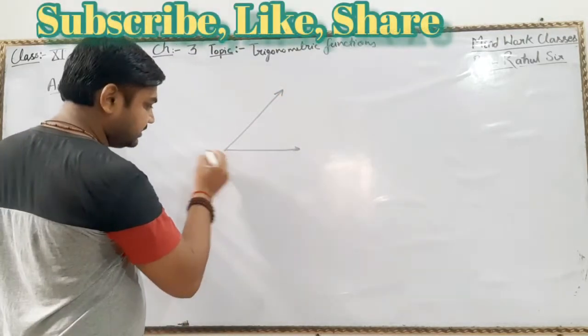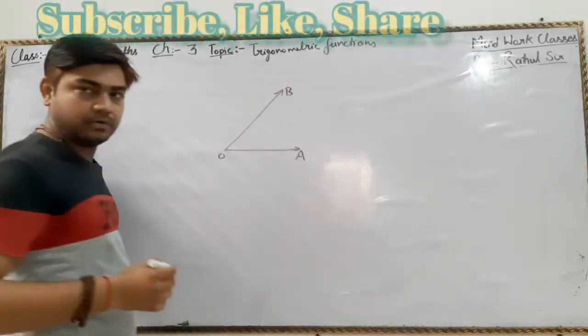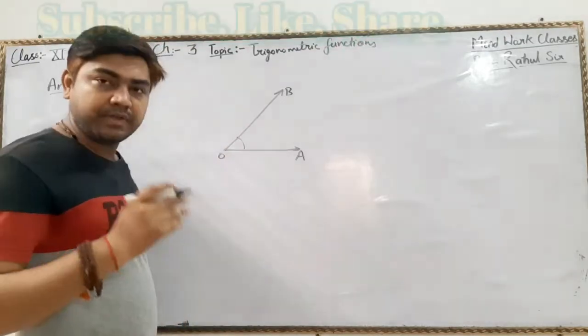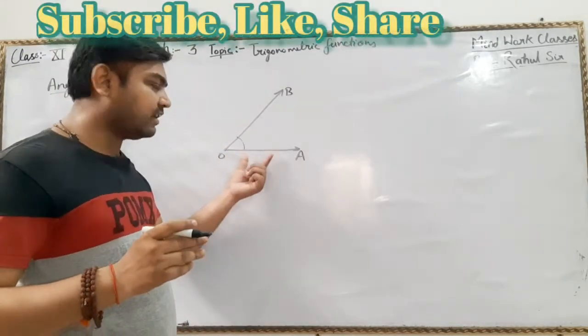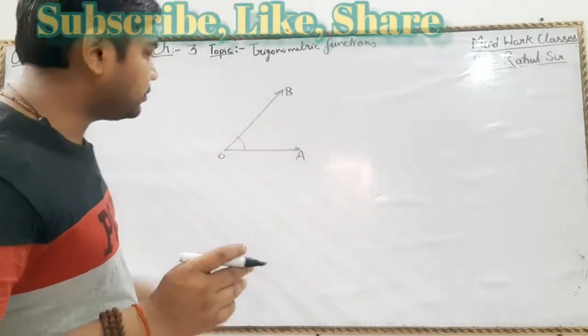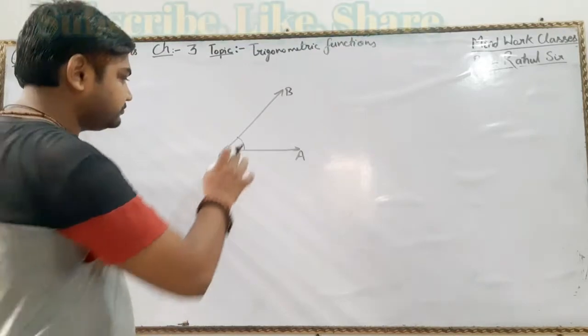Let us say this is O, this is A and this is B. The rotation of this ray is known as an angle. The rotation of any ray is known as an angle.